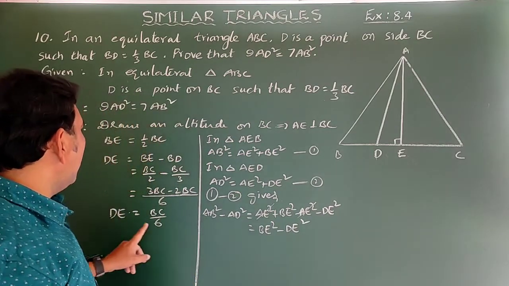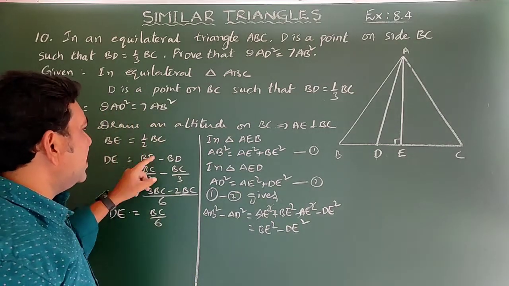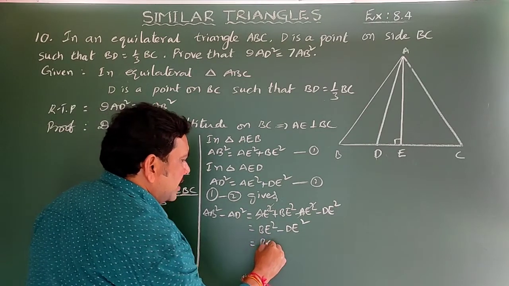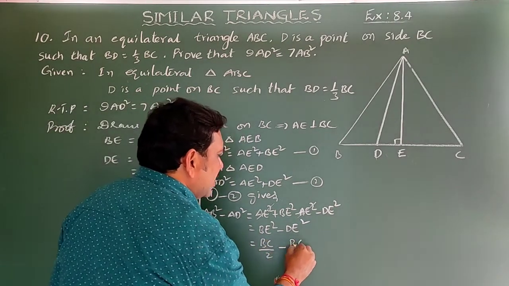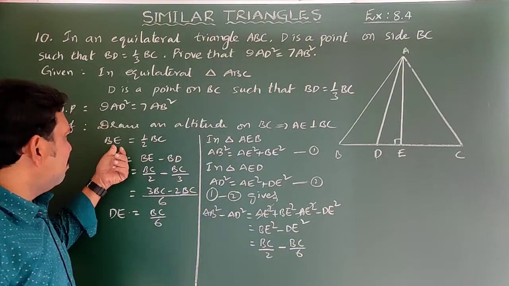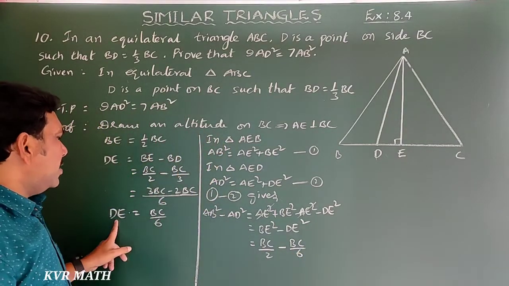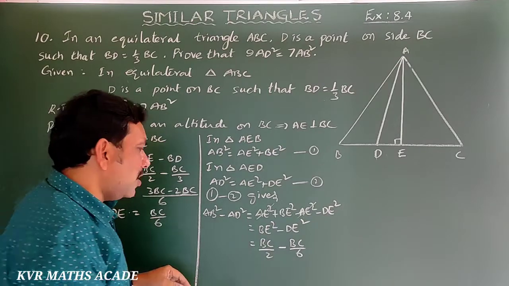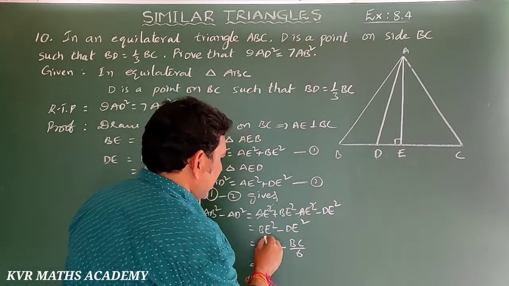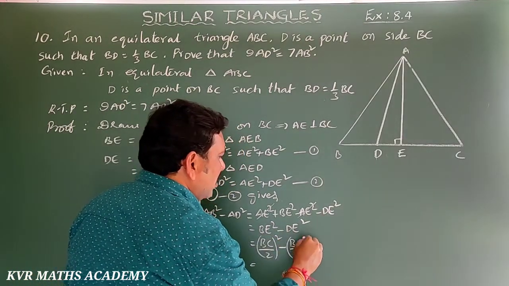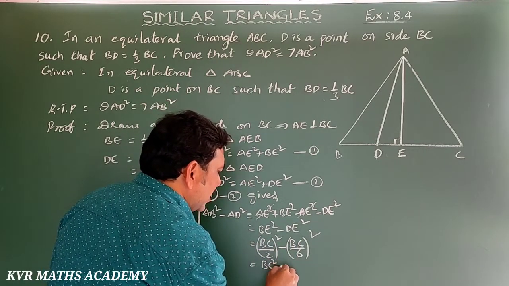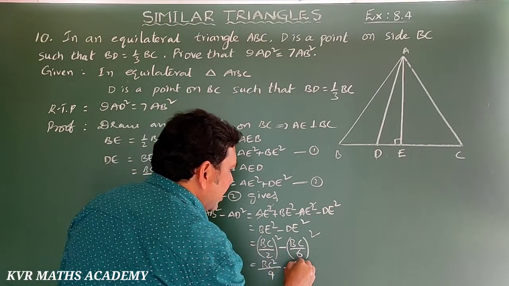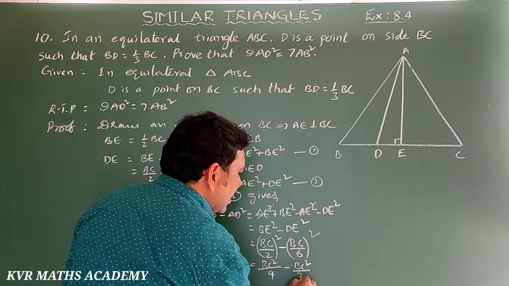Here BE is equal to BC by 2, and DE is equal to BC by 6, as we got. Squaring, this is BC square by 4 minus BC square by 36.